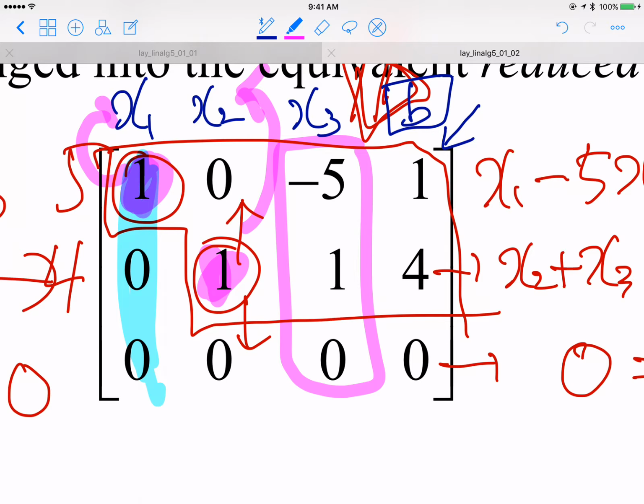Again, free variables are determined freely by setting any values, and the basic variables are decided accordingly, depending on the free variables' values.